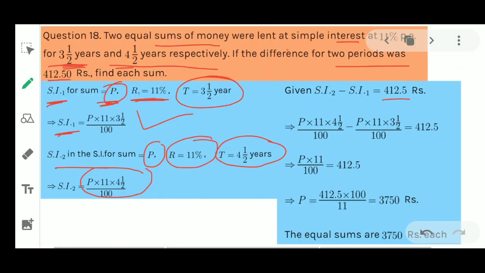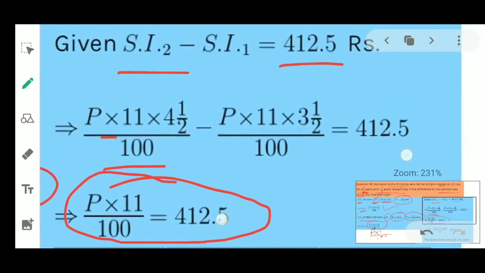So simple interest 2 minus simple interest 1 equal to 412.50 rupees. So now put the value of simple interest 2, that is p into 11 into 4 whole 1 by 2 by 100 minus p into 11 into 3 whole 1 by 2 by 100 equal to 412.5 rupees, because you can take p into 11 by 100 common here.